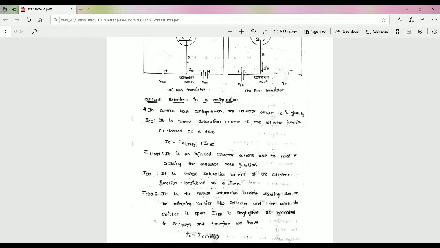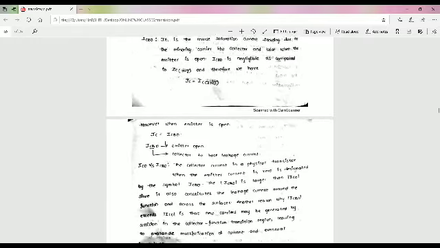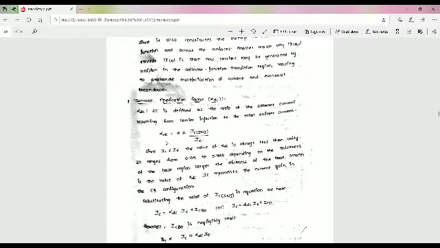The reverse saturation current ICBO is temperature sensitive and it doubles for every 10 degrees centigrade rise in temperature. Okay, this is the common base configuration.